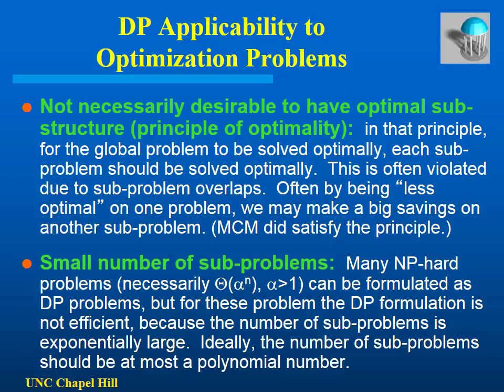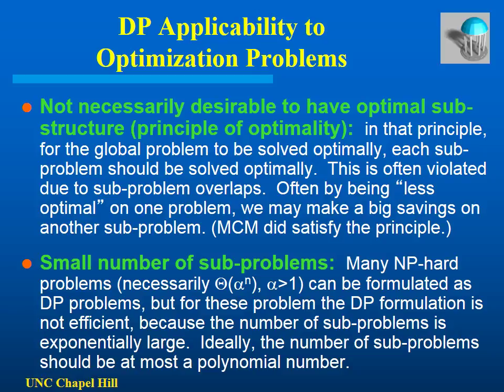But in any case, these are optimization problems that can be formulated to be dealt with by dynamic programming. It's just that for these problems, the result of the dynamic programming formulation is itself not efficient. That is to say, its solution takes exponential time.